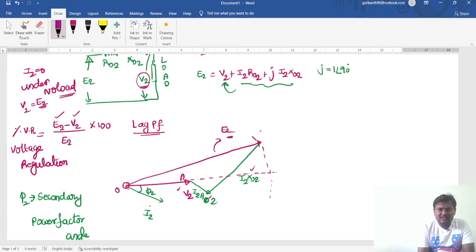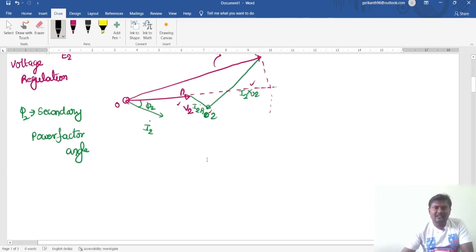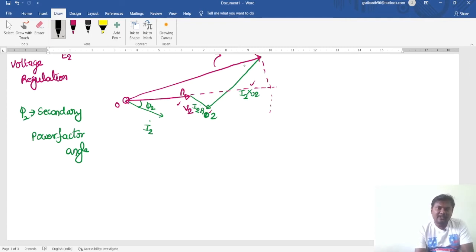So let us assume this one is point E. The length OE is equal to E2. Extend the OA line, from this point O draw an arc, then it will touch the point here.